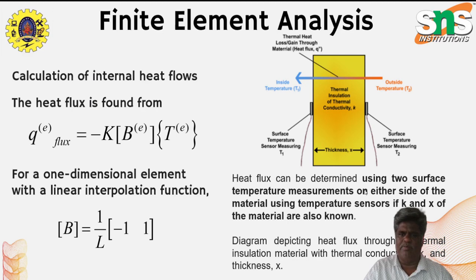Heat flux can be determined using two surface temperature measurements on either side of the material using temperature sensors, if K and X of the material are also known. The diagram indicates heat flux through a thermal insulation material with thermal conductivity K and thickness.